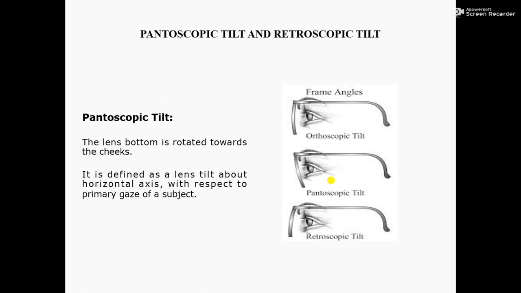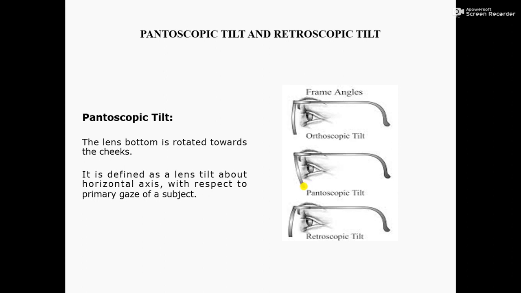Here we will rotate the lens towards the face, and we will rotate the bottom part of the lens in the horizontal axis, that is 180 degree. See the diagram. This is the normal position of the lens, and this lens we will rotate towards the cheek in 180 degree.